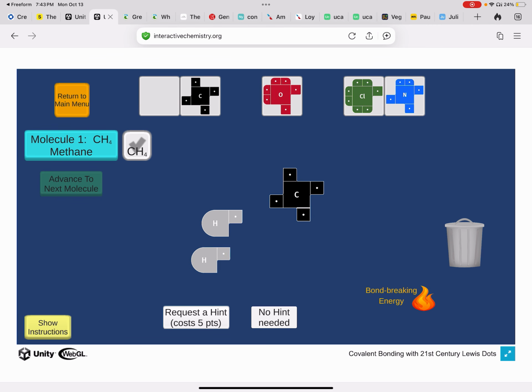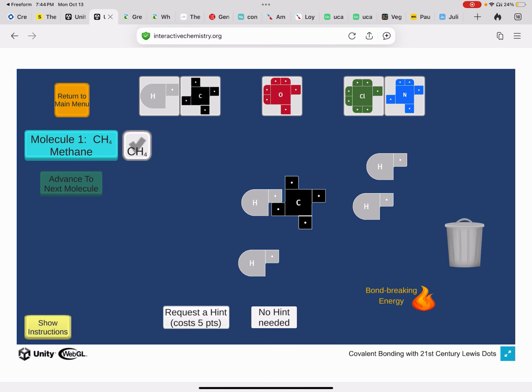1, 2, 3, 4. All right, so notice how each hydrogen can only make 1 connection. Carbon can make 4 connections, so it makes sense to put carbon in the middle. All right, so here comes the connection. If you double tap on it, you can rotate.